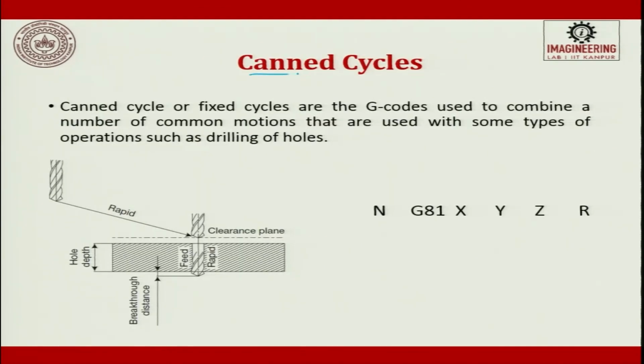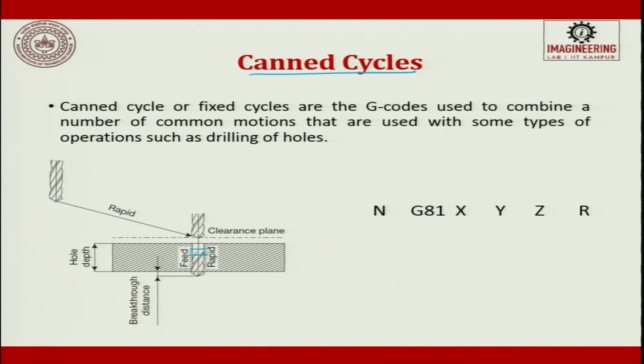Canned cycles, or fixed cycles, are G codes used to combine a number of common motions used with some type of operation such as drilling of a hole. From here it rapidly comes to this plane, called the clearance plane, and from here you can keep going inside and outside.